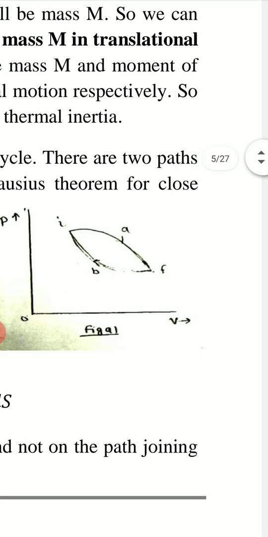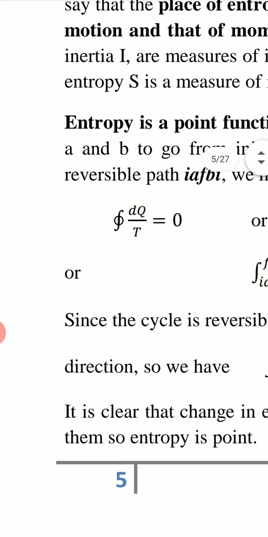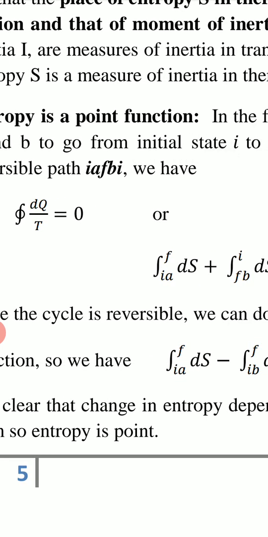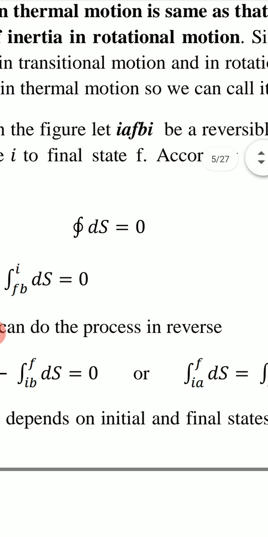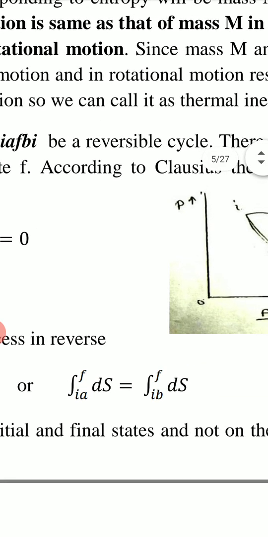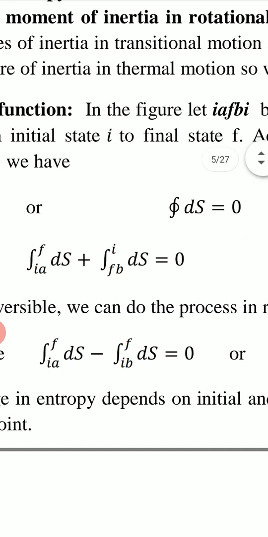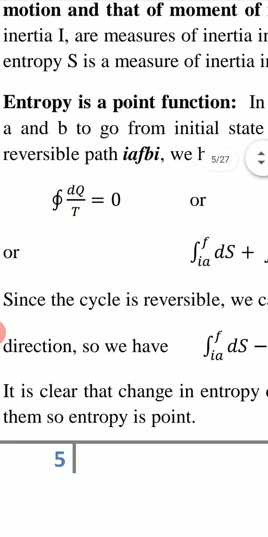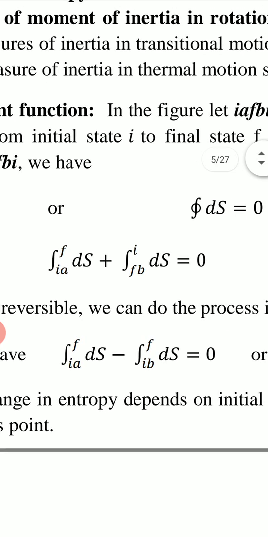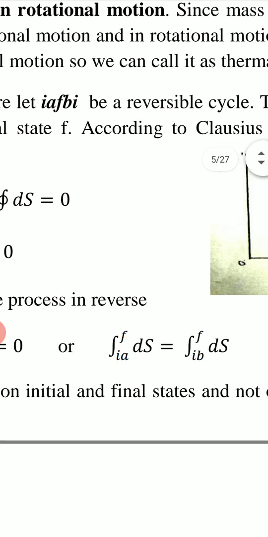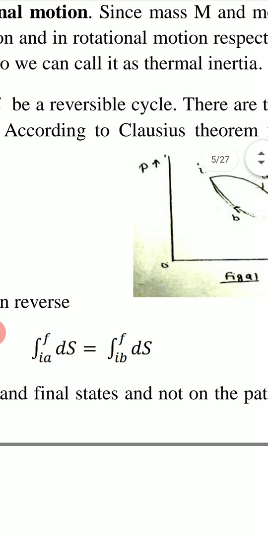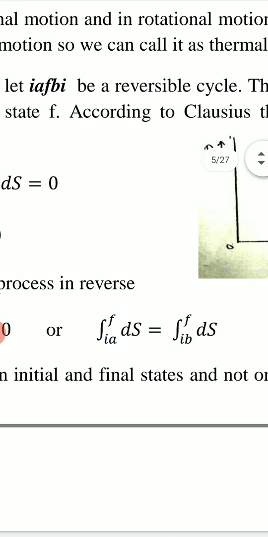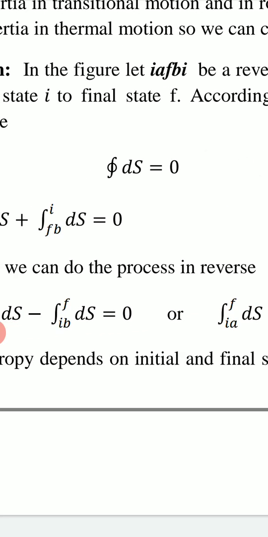Since mass m and moment of inertia I are measures of inertia in translational motion and in rotational motion respectively, so we can say that entropy S is a measure of inertia in thermal motion. So we can call it thermal inertia. This is the physical significance of entropy.